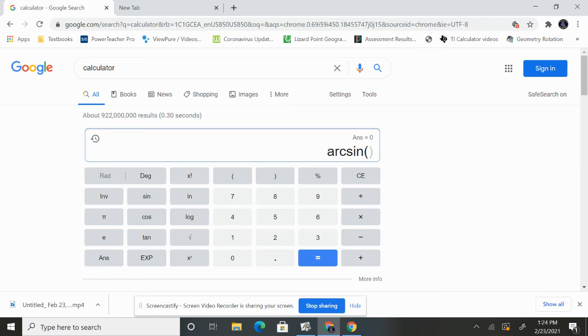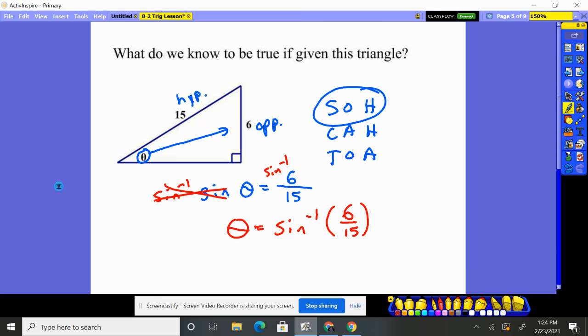The numbers we had were 6/15, so I'm just going to go 6 divided by 15, in parentheses, I hit equals, and it says that's 23.57 as that angle measurement. So about 23.6. So back here, we'll say theta is approximately 23.6 degrees. And that's what it's going to be if you have that being 6 and that side being 15.